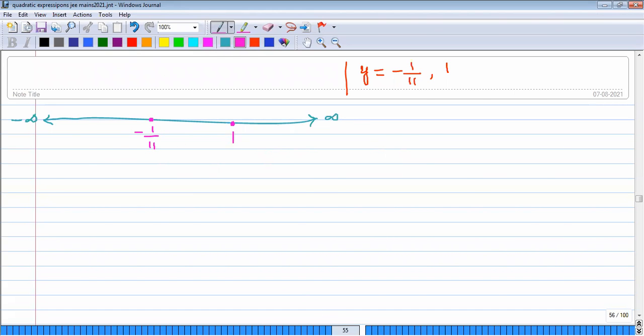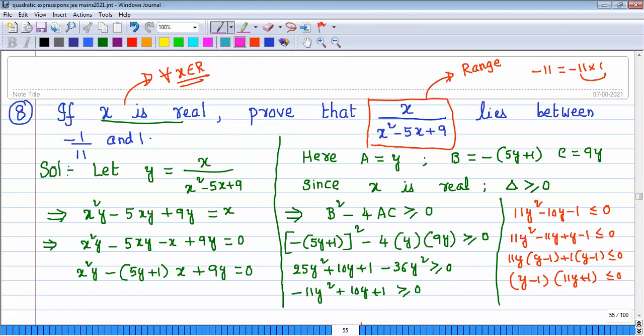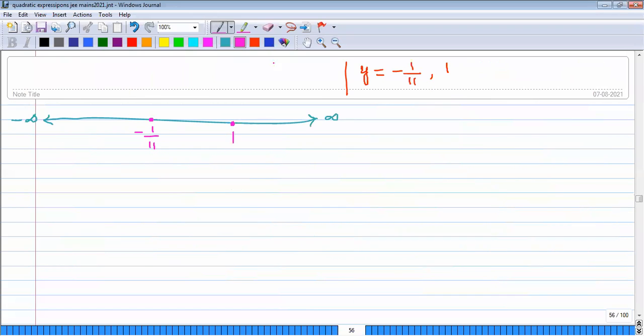So just check the coefficient of y square. The coefficient of y square is positive here. So that means now, wavy curve method. This will be positive sign, this will be negative, this will be positive.